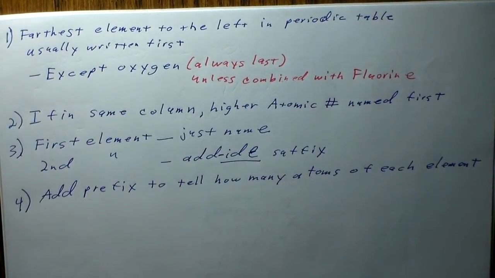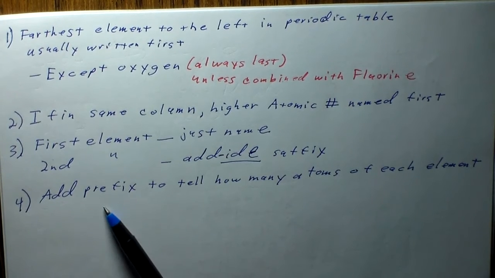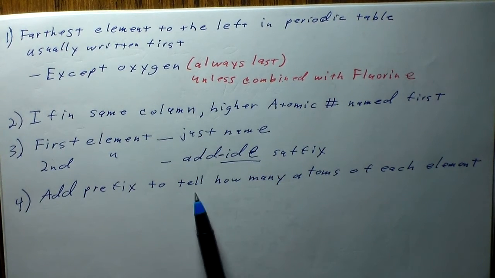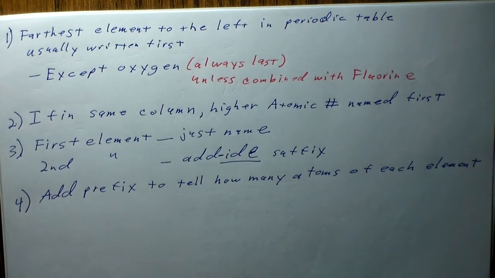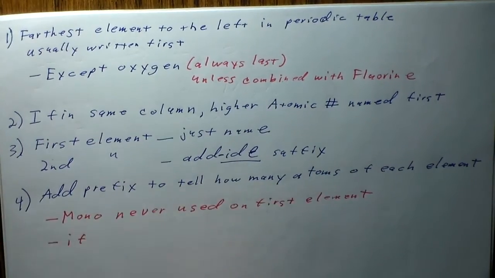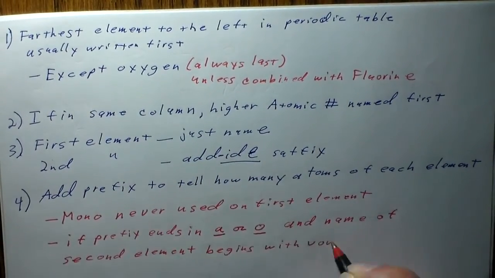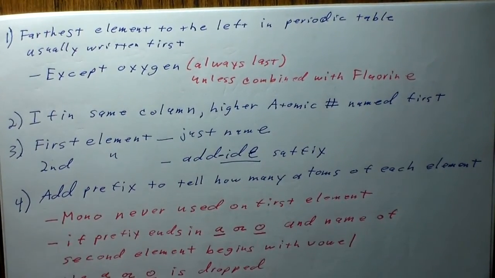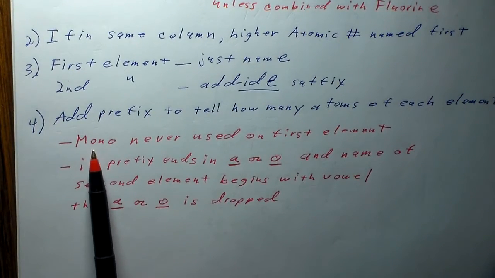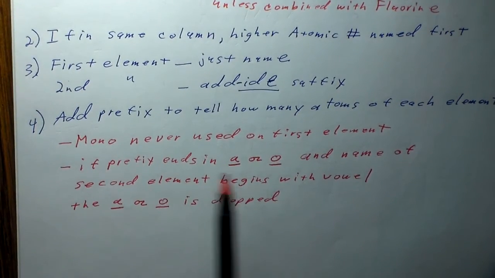So what you're going to do here is add this prefix, and we'll be covering that in a few minutes, which will tell how many atoms of each element are actually present. When we see these prefixes up here, the mono, which we're going to see means 1, is never used on the first element.